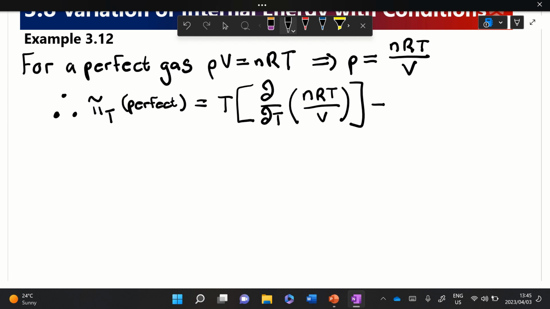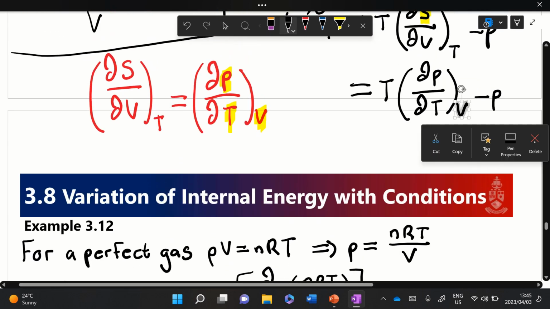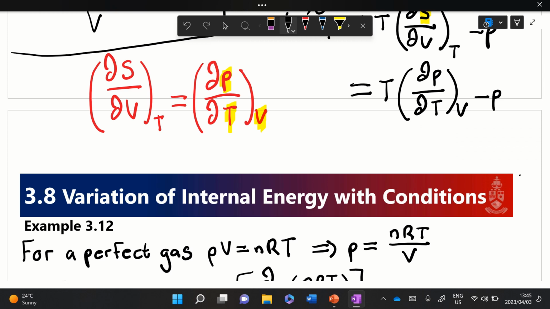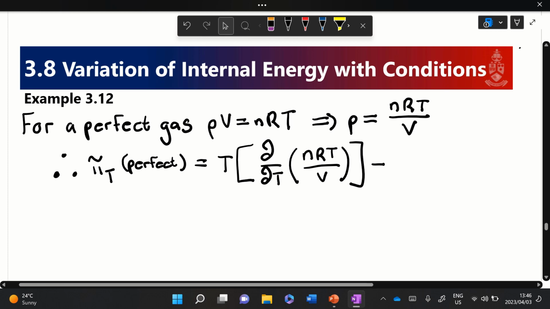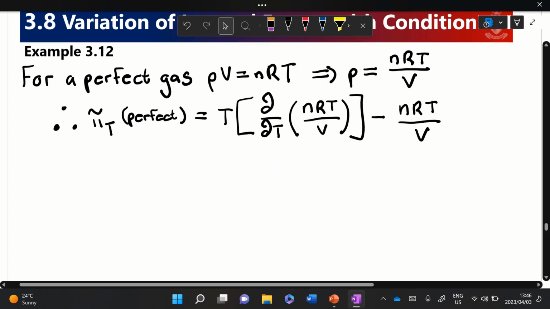minus P. Everywhere where there's a P in this equation on top here, you substitute P in, right? Because we have what P is. P is like your variable. So there was a minus P here, and P is nRT over V. That's all I'm doing.